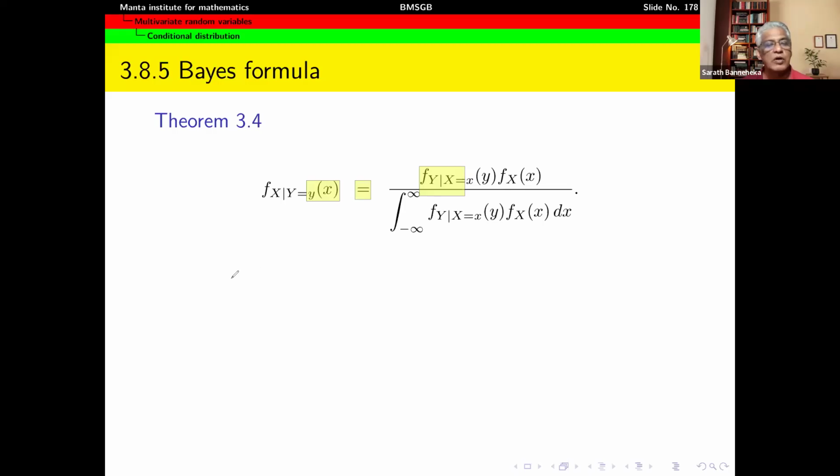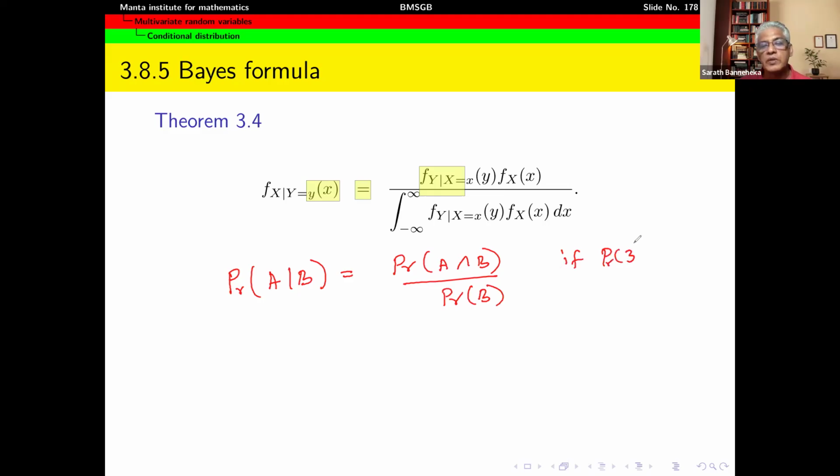We know that for events, probability A given B, by definition, is the probability of A intersection B divided by the probability of B, given that the probability of B is not equal to 0.